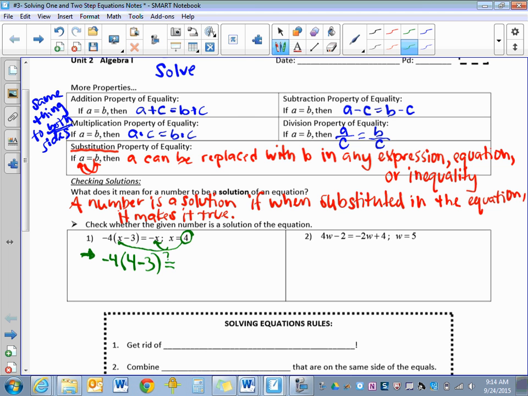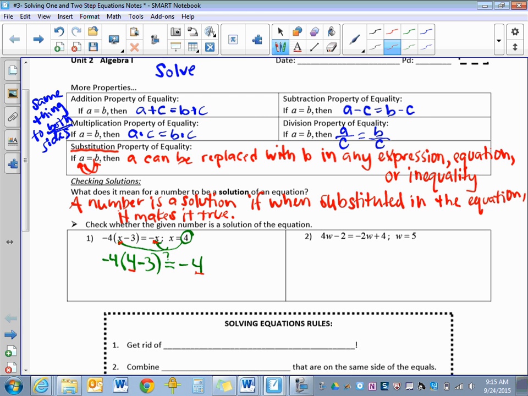Does this equal, I'm going to put a question mark over it because we're wondering, does this equal negative x? But again, instead of x, I have 4, so negative. I substituted 4 in for x, here, and here.